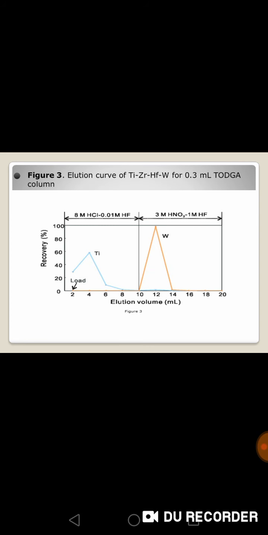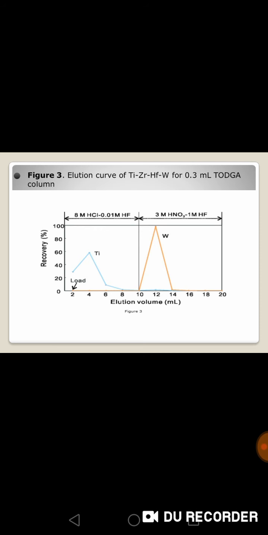So here is the overall figure that depicts the elution curve for titanium, zirconium, hafnium and tungsten for the 0.3 ml TODGA column. Like the previous slides' figures, here we remove almost all the remaining titanium and tungsten left from the previous first two steps.